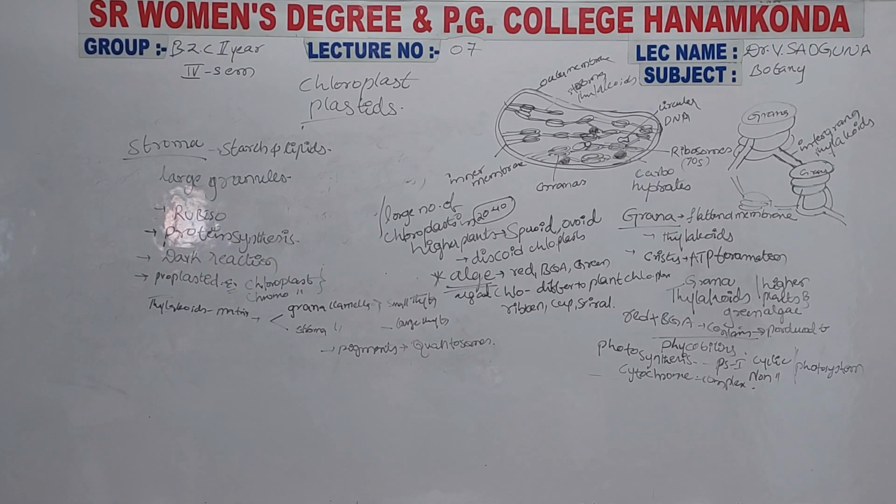So these are all the characteristics of the chloroplast or plastid structure.